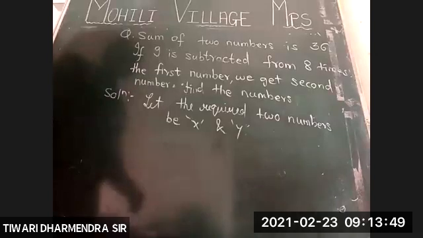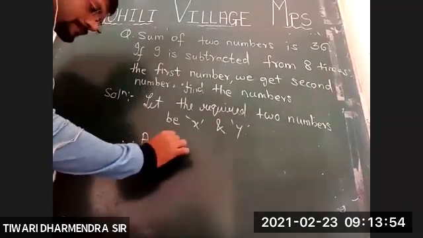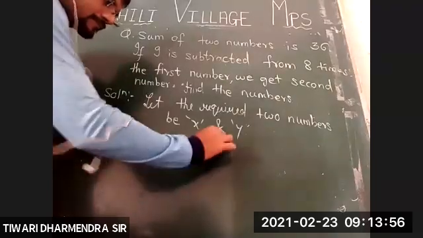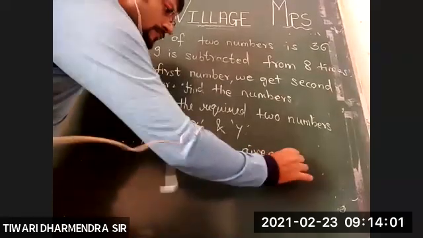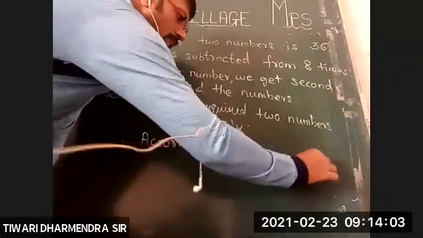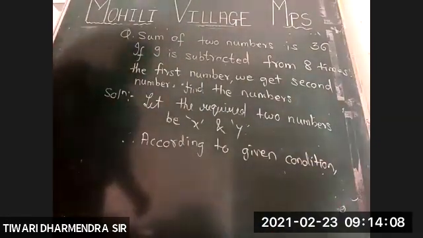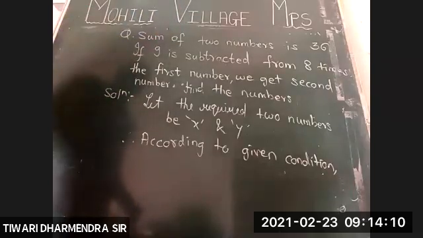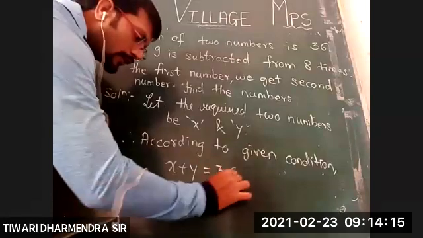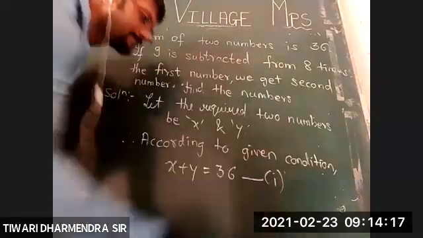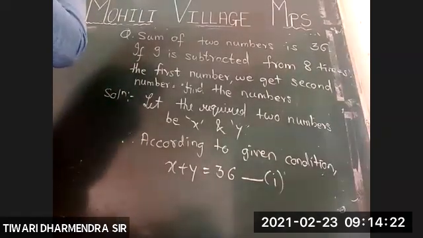Therefore, according to the given condition, the first condition is that the sum of two numbers is 36. So x plus y is equal to 36. This is my equation number 1. Hope this is clear. Nothing difficult in that.